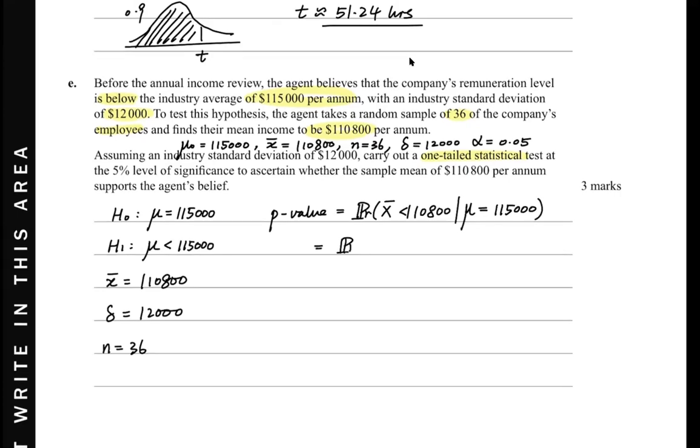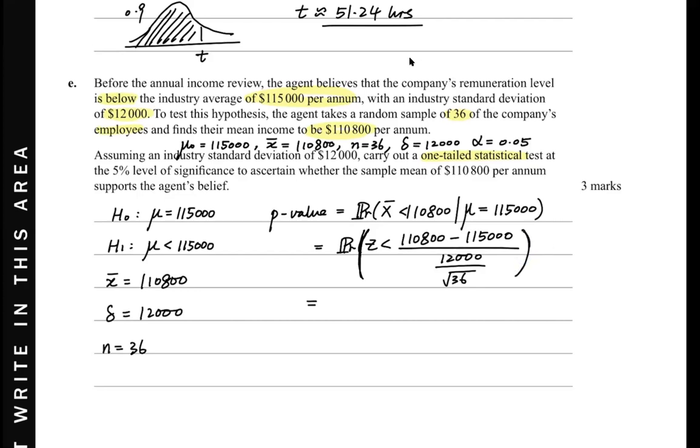So it's given by Z less than (110800 take away 115000) divided by the standard deviation of 12,000 divided by square root of 36. Very tedious. It's not necessary for you to write everything in this statement. You can just use menu 6 7 1 to complete all these tedious calculations. I'm just demonstrating each possible step for you to refer to later.